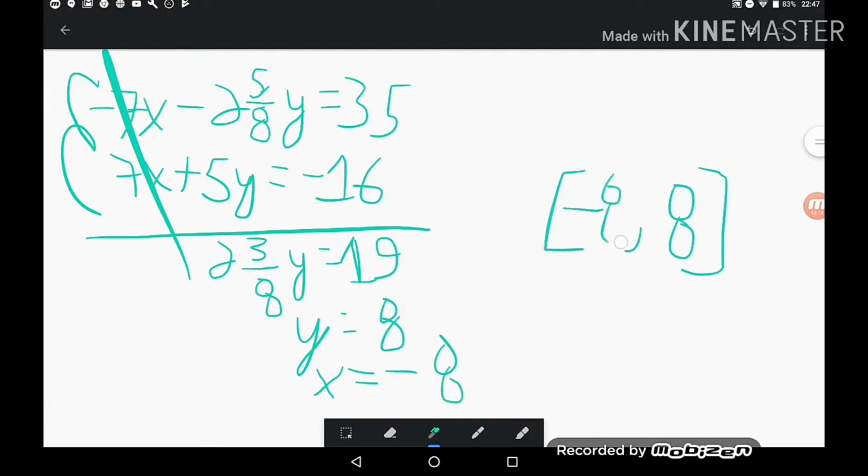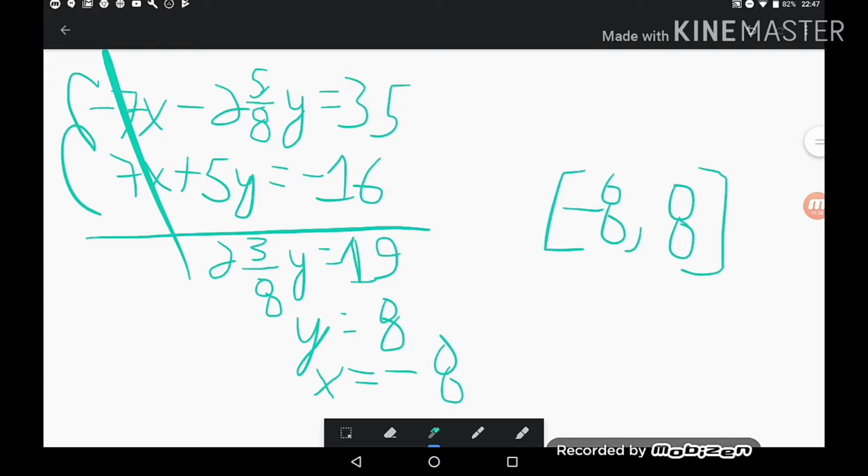Therefore, we know that the top equation is true, because it equals 35. Now we're going to go to the bottom equation and plug in 8 for that y. 5 times 8 is 40. So we know that something plus 40 has to equal that negative 16.